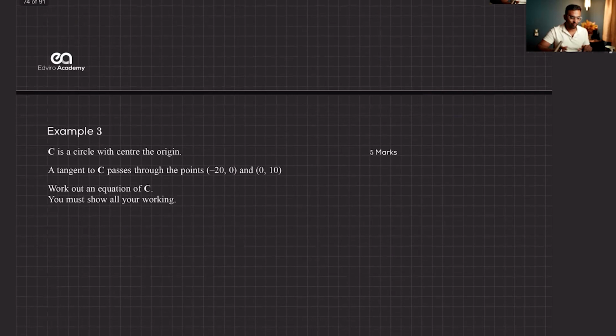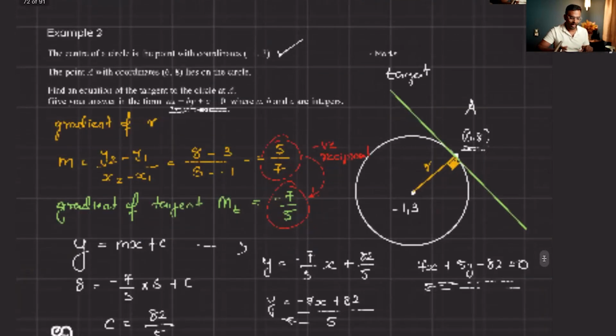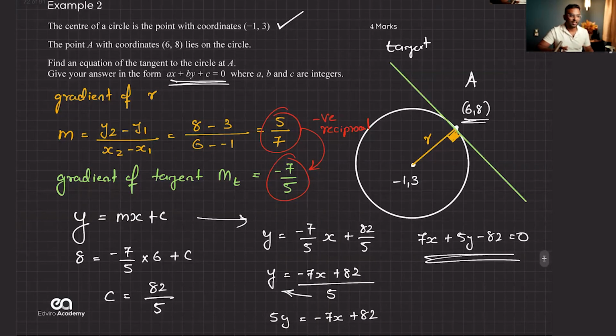I want to go back to the previous one. Look at how this question was. Didn't we do the exact same thing for both questions? The steps, I meant the working out. We worked out the gradient of the radius. We worked out the gradient of the tangent, negative reciprocal.